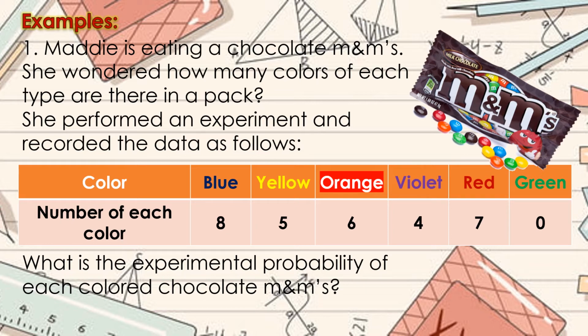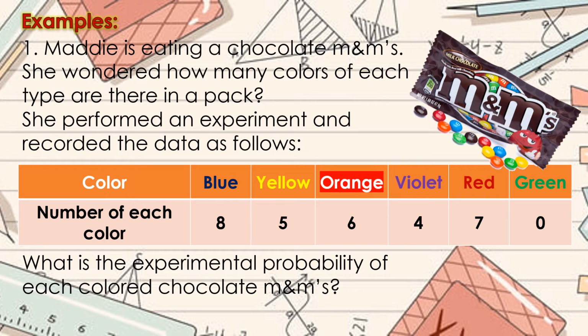And then, she performed an experiment and recorded the data as follows. Ito ang ating table kung saan after niyang isort ang candies, nakakuha siya ng 8 blue, 5 yellow, 6 orange, 4 violet, 7 red, and 0 green. So, walang green sa kanyang M&M's.